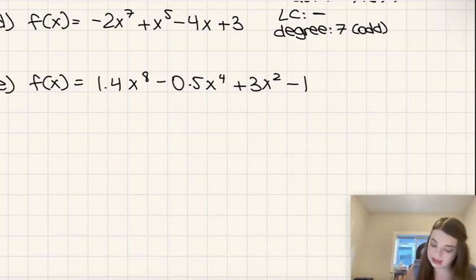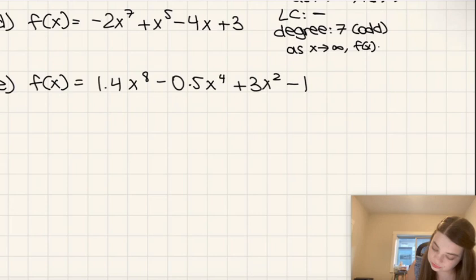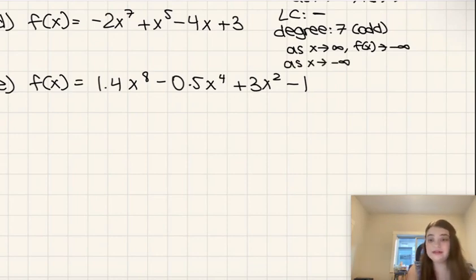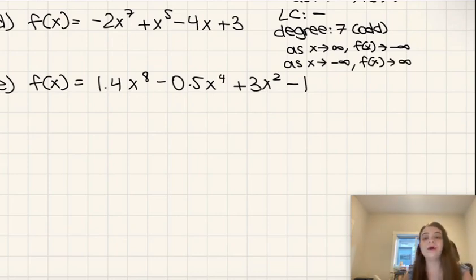And so as x approaches infinity and goes further and further right, f of x approaches negative infinity because the function goes further and further down. And as x approaches negative infinity, or goes further and further left, the function f of x goes further and further up. It approaches positive infinity.